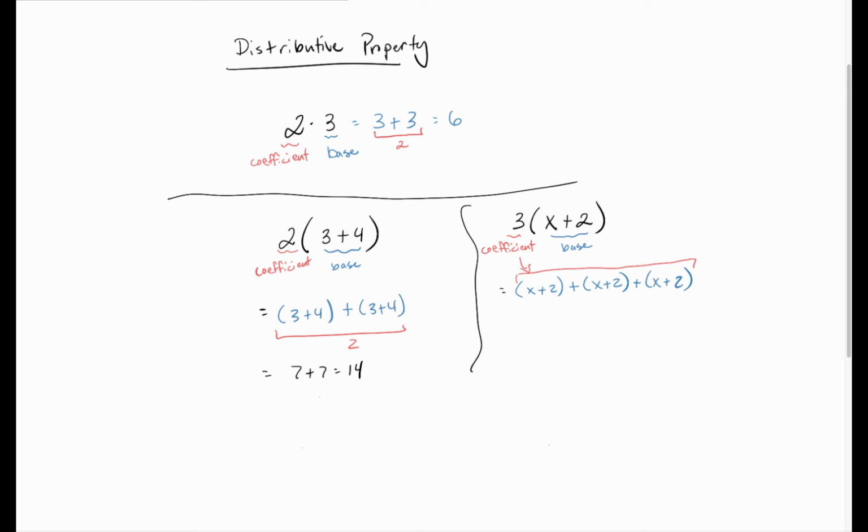Now, I can look at this and start to combine together those like terms. So I have an x, and I have 3 of those x's, and I have a 2, and I have 3 of those 2's, giving me a total of 3x plus 3 times 2, or 3x plus 6.